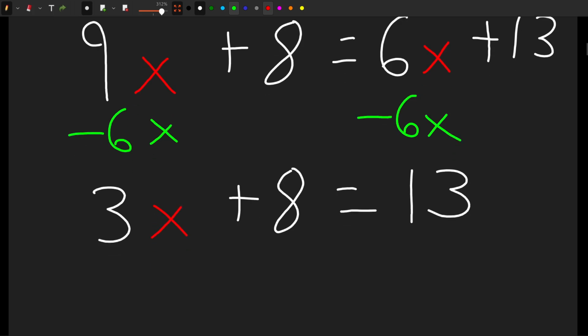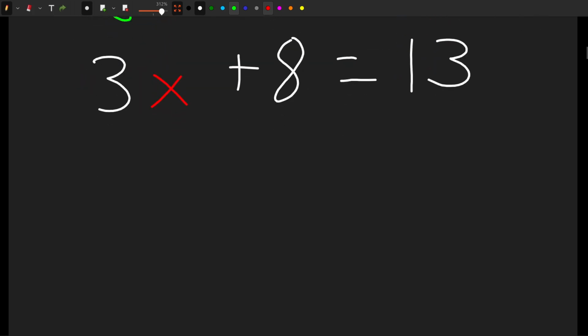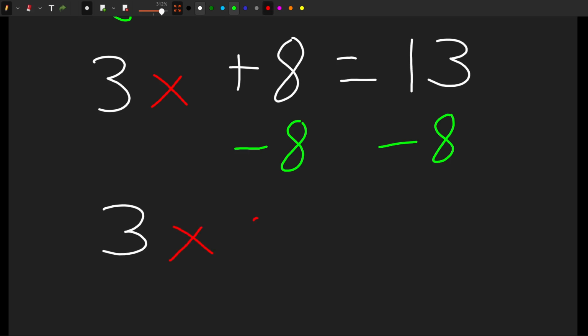Okay. Now I'm going to deal with my constant term. I'm going to subtract 8 from the left-hand side and move it over to the right-hand side. I will have 3x is now equal to 5. 13 minus 8 is 5.